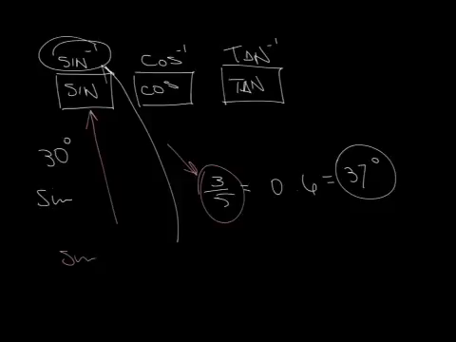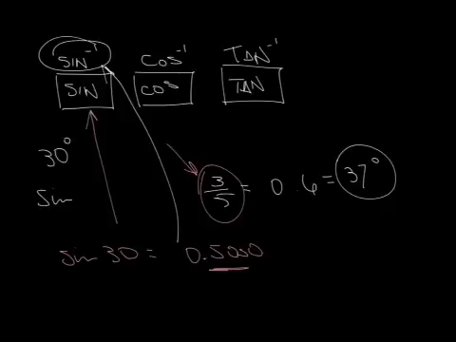So the sine of 30, you're going to push 30 and just sine, and it will give you a decimal. It will always give you a decimal between 0 and 1. It will not give you a number bigger than 1. If it does, then you pushed the wrong button or something. So it gives me 0.5.